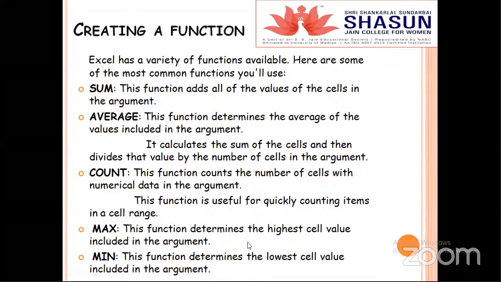Maximum. From the values which we have given, we can get the largest value, that is the highest cell value. Minimum. Minimum is the same as the maximum, but it gives the lowest cell value.